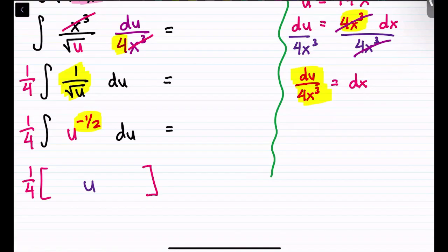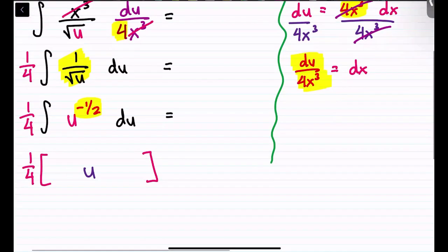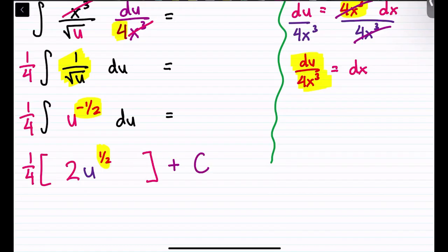So negative 1/2 plus 1 is 1 over 2. And then for our new constant, we take the reciprocal of 1 over 2, and that is just 2. Okay? And then do not forget to end your statement with plus c, and this is just because we are dealing with an indefinite integral.